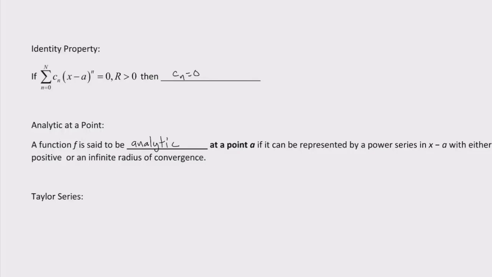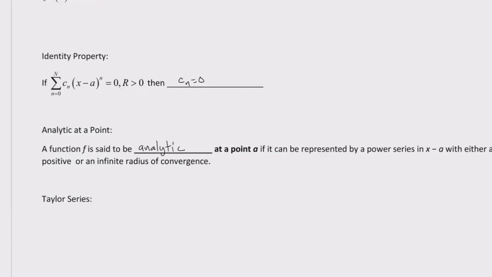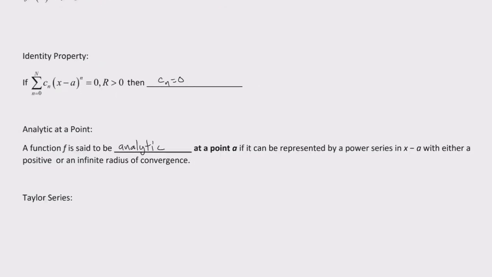And then we define another vocab word, analytic at a point. A function is said to be analytic at a point if it can be represented, oop, that is slightly off the screen there, if it can be represented by a power series in x minus a with either a positive or infinite radius of convergence.